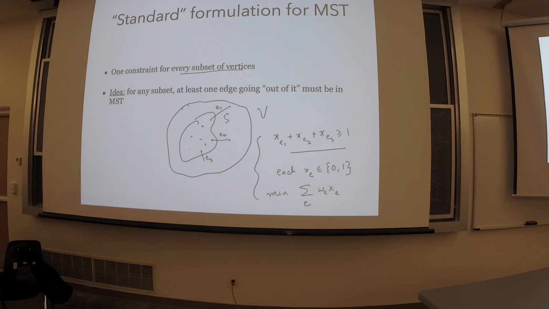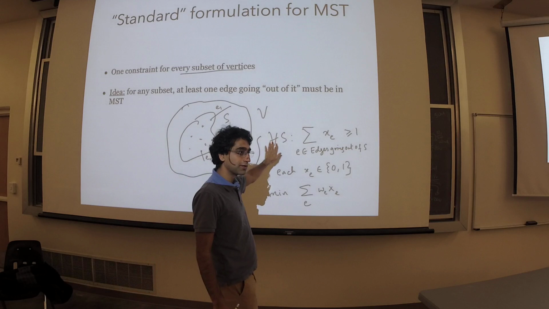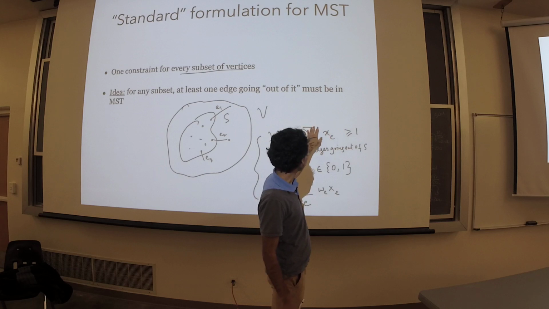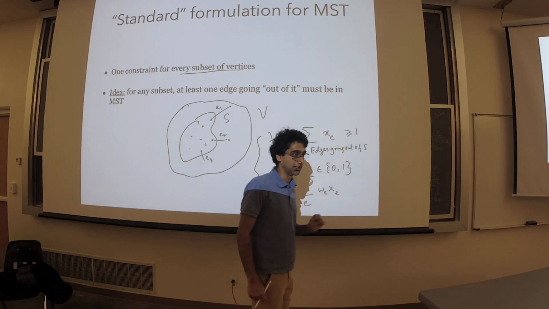So this is not exactly this constraint, but it is meant. For all S, sum over e in edges out of S of xe is at least 1. So if you look at any S, you look at the set of all edges going out of S, and you take the sum of xe only over those edges, it must be at least 1.